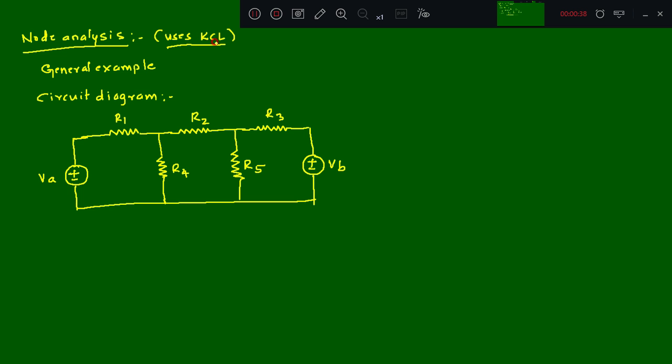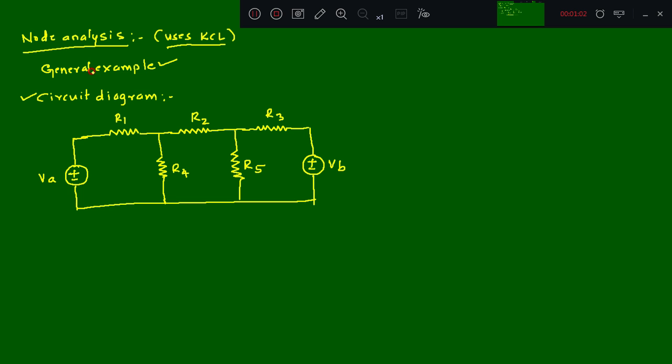KCL, Kirchhoff's current law. We'll take one general example with a circuit diagram and write general equations for the node analysis concept. Then we'll go through a particular example to find some voltage or current through any branch or any node by using node analysis.